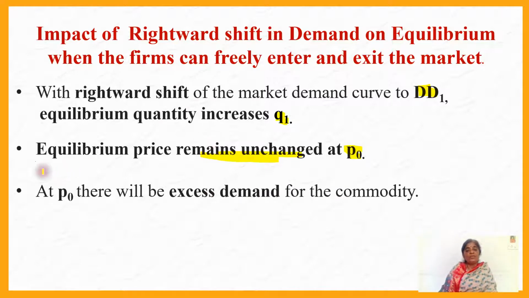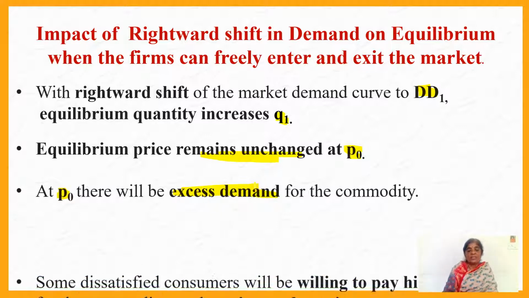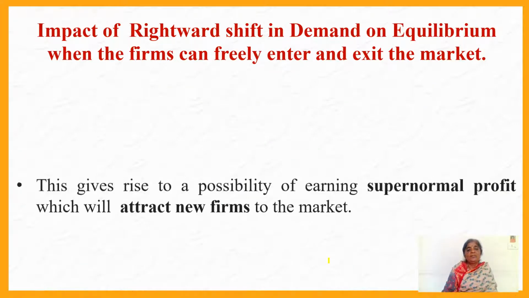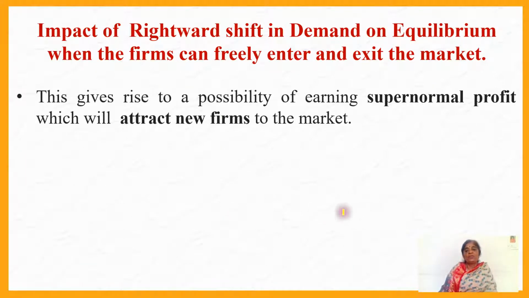And at P0, there will be excess demand after the shift. Therefore, some dissatisfied consumers will be willing to pay higher prices for the commodity. Therefore, price tends to rise. Because of that, what will happen? Because of the increased price, there is supernormal profit, and new firms will be attracted.